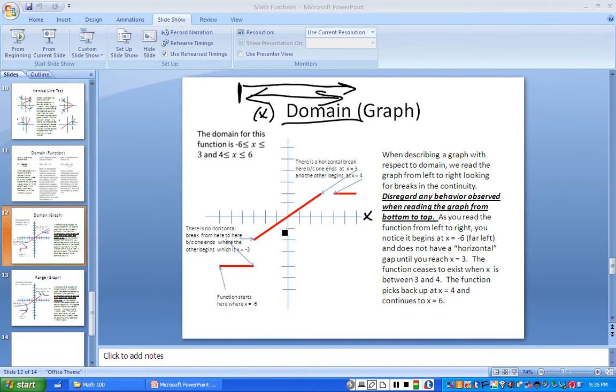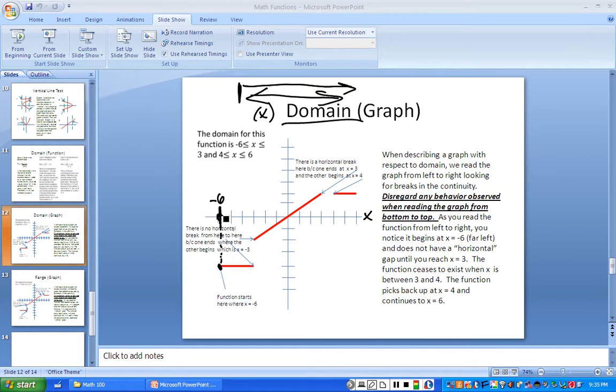So when I look at this, the farthest left I see in red is right here, where x equals negative 1, 2, 3, 4, 5, 6. So right here at negative 6. This is my smallest value of the red. So it starts at x equals negative 6.